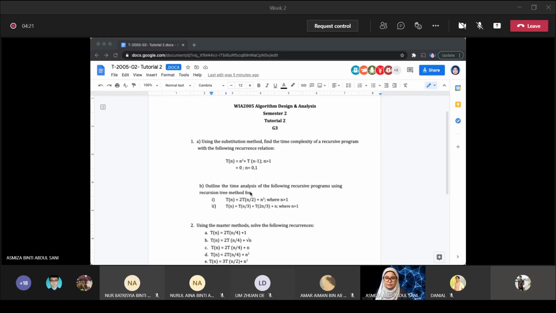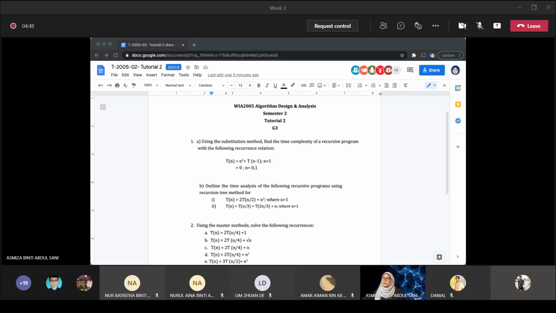Class, how many methods? Three. Name them. Back substitution, recursion tree, master method. Okay, so we learned three methods to find the runtime complexity for a recursive program.